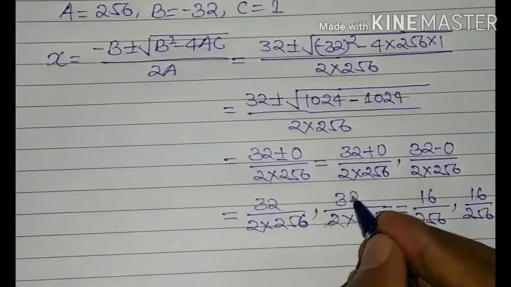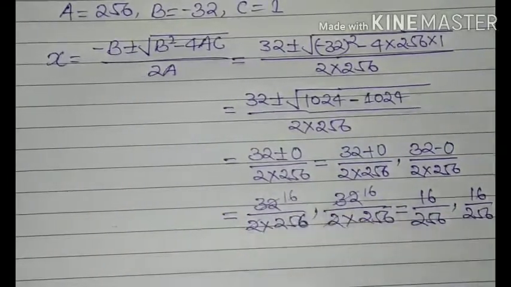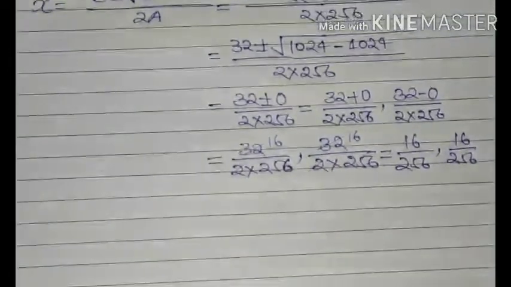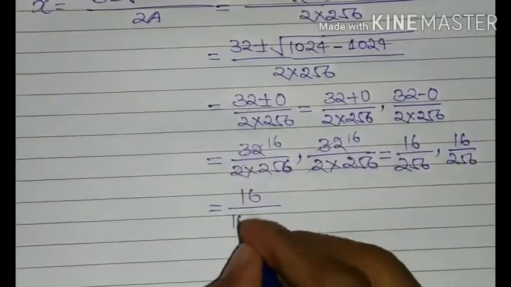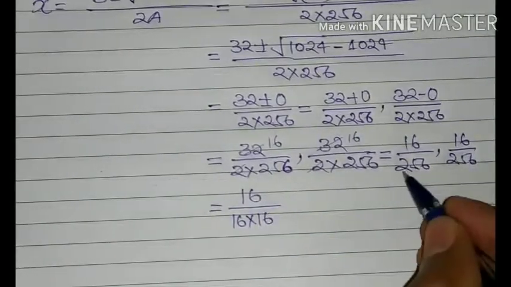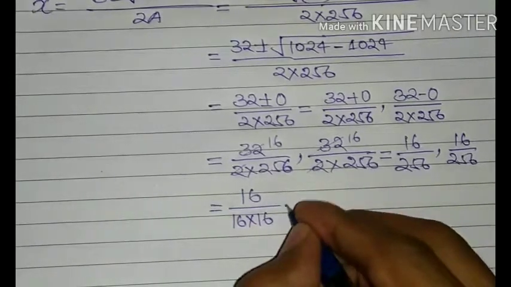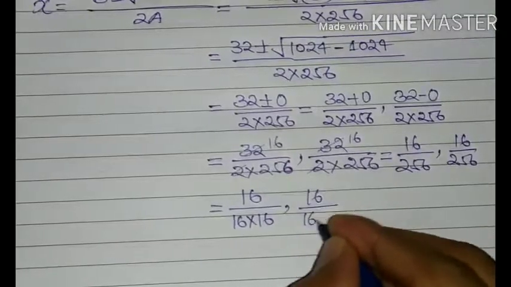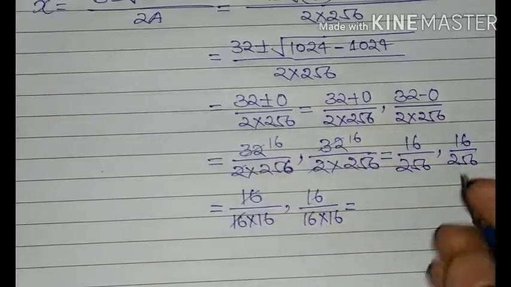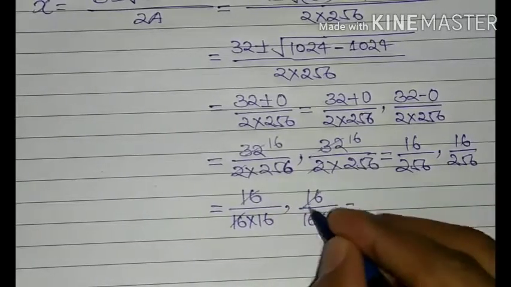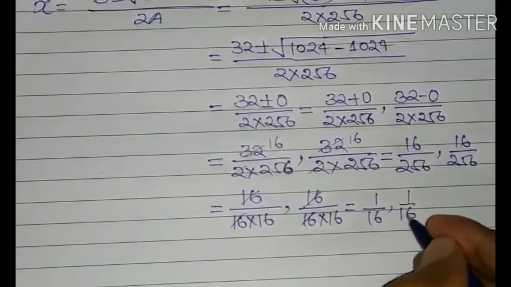Okay, 2 sixteens are 32 and 2 sixteens are 32. Now this will be equals to 16 upon 16 into 16. Since 16 square is 256, that's why it will be 16 into 16, again 16 upon 16 into 16, which equals to 16 cancel out by one time, and here 16 cancel out by one time, then it will be 1 upon 16 comma 1 upon 16.